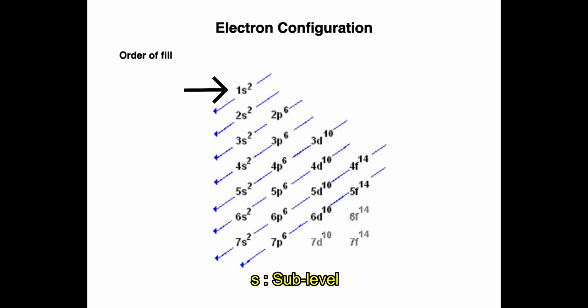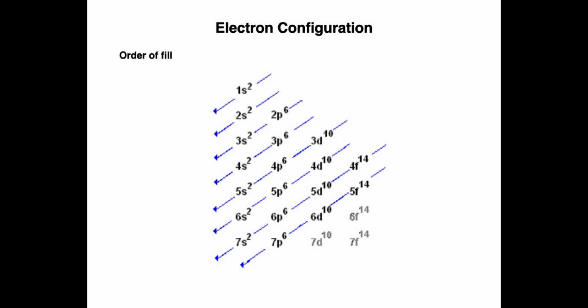The letter S indicates the particular sublevel, and the number 2 on the right-hand upper side shows how many electrons are occupying the orbital. As you can see, the first energy level only occupies 1 sublevel, 1 orbital, and so can hold a maximum of 2 electrons.